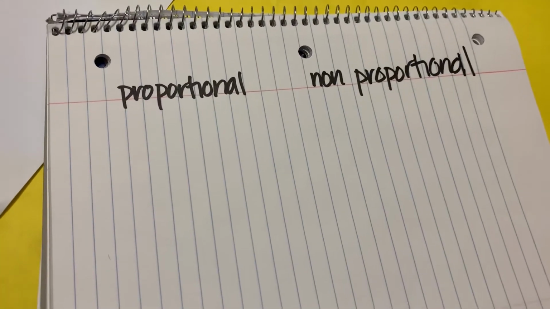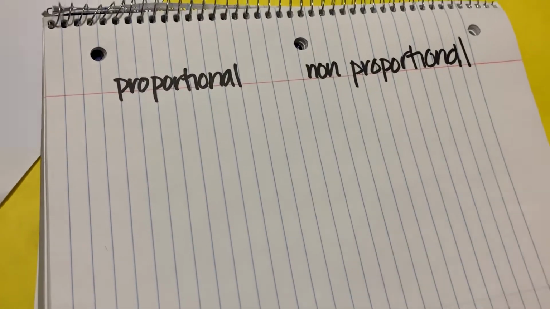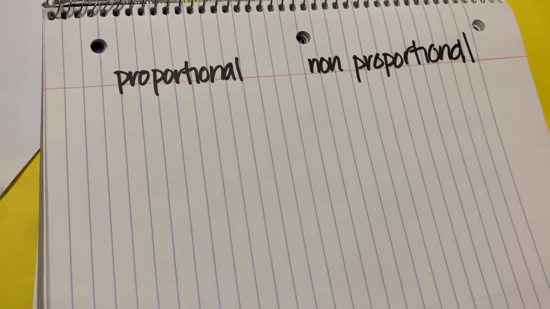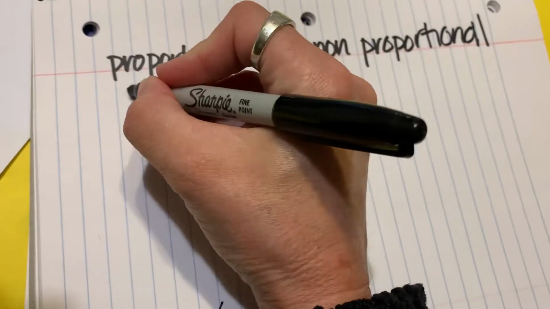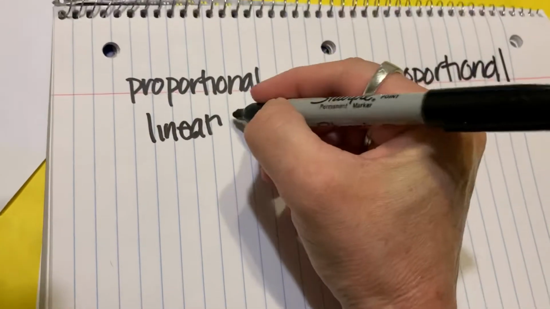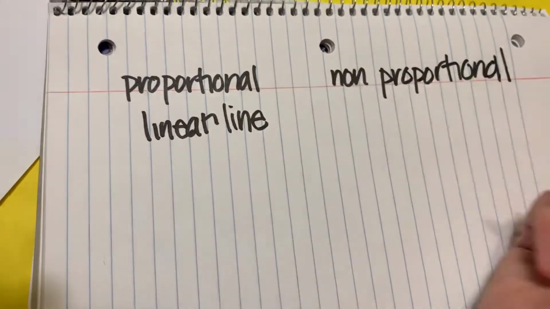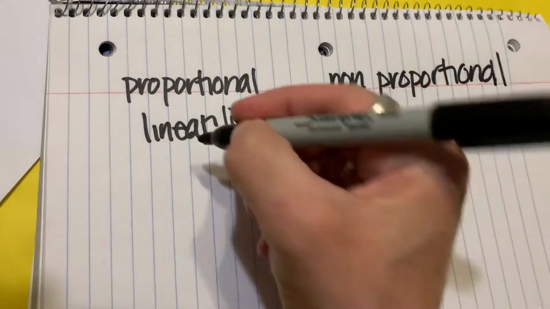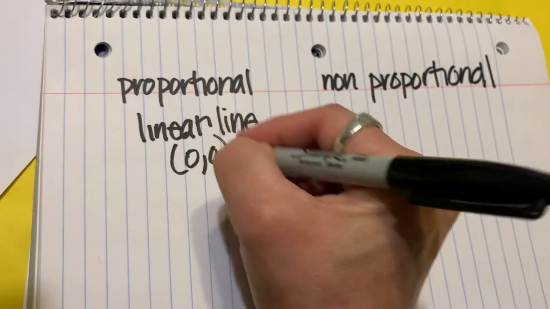Proportional and non-proportional, okay? Easy, easy, easy. Proportional is two things. It must be a linear line, and a linear line is a, yes, straight line, and it must go through the origin, okay?